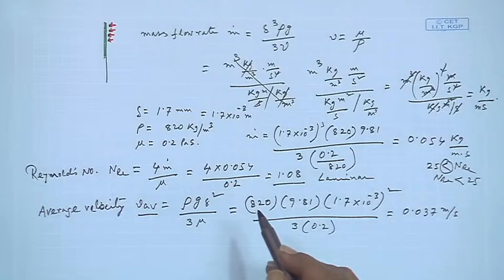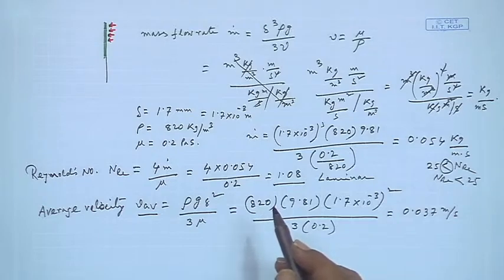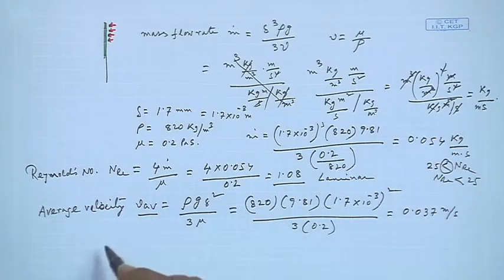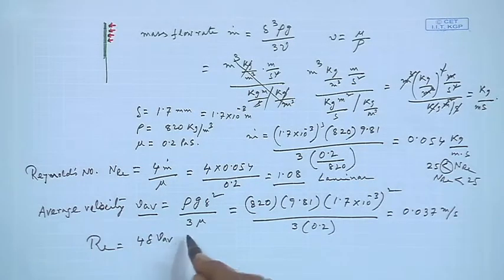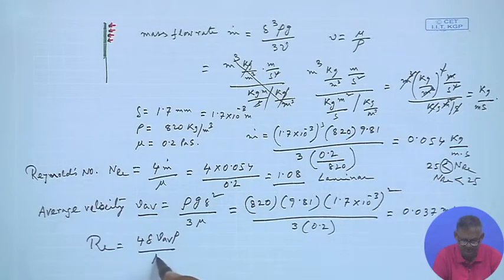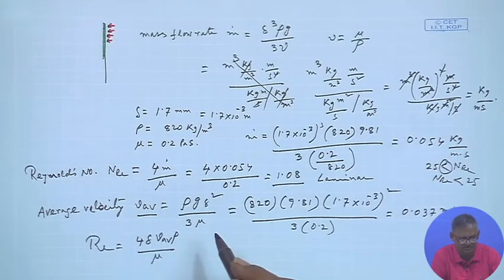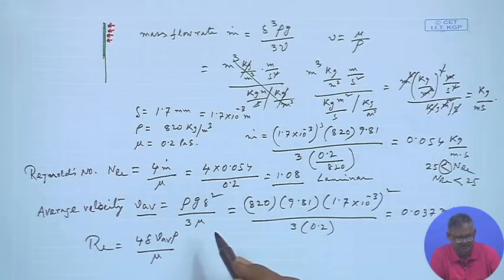And the Reynolds number we had also given in different forms, such as 4 del V average rho by mu.